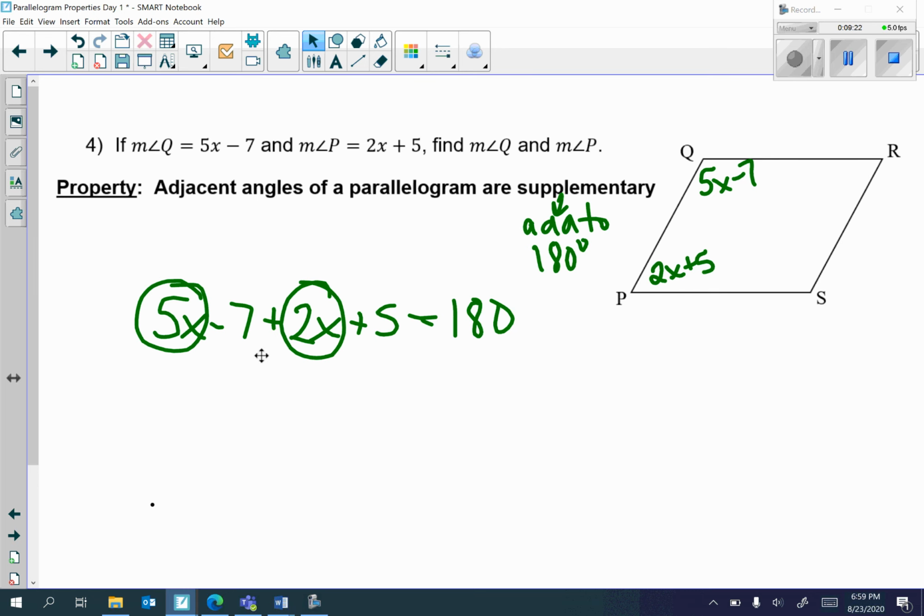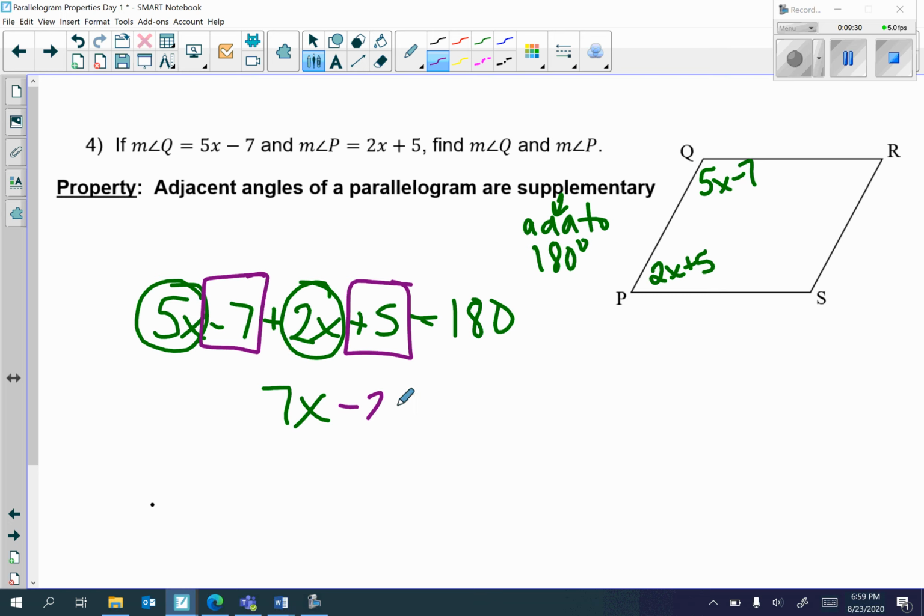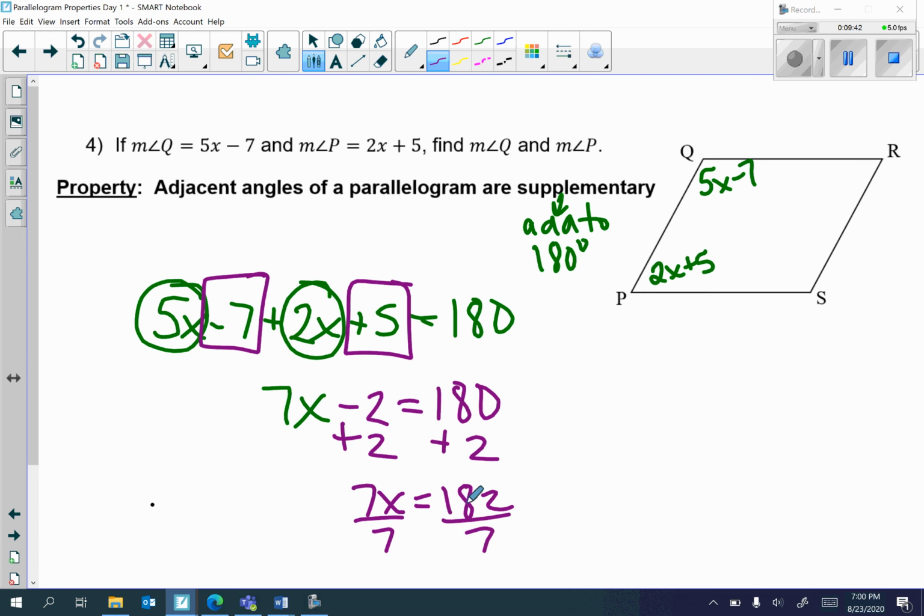Combine like terms, so 5x and 2x, that's 7x. And then negative 7 plus 5 is negative 2, equal to 180. Add over the 2. So I get 7x is equal to 182. Divide by 7 on both sides. So 182 divided by 7 is 26.